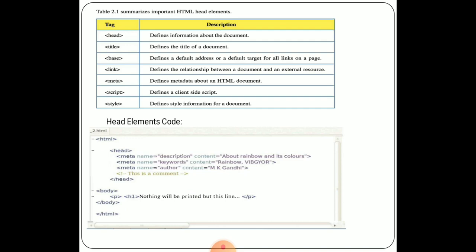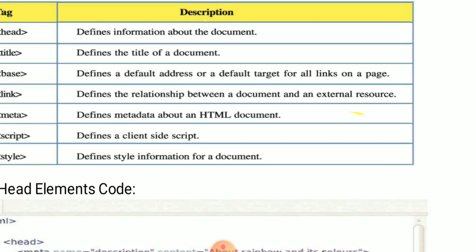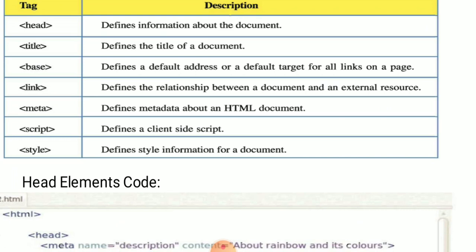So here the HTML head elements are displayed. There are the head tag, title tag, base, link, meta, script and style. They are all head elements. With the head we define information about the document. The title tag gives the title of a document.